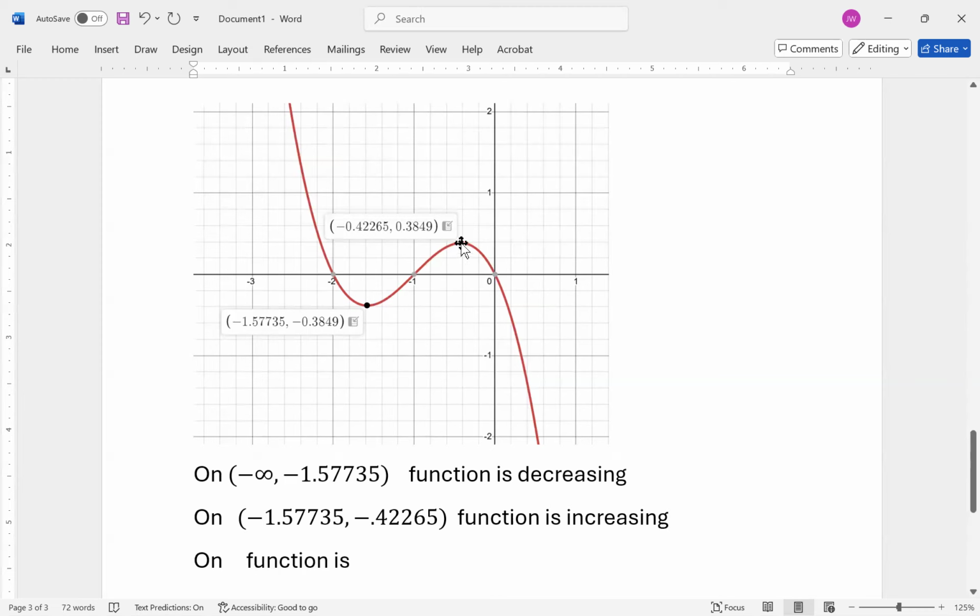Now, once we hit negative roughly 0.42, then our function turns down again, and once again, we're decreasing. So in interval notation, from that negative 0.42 number up to positive infinity, our function is decreasing.